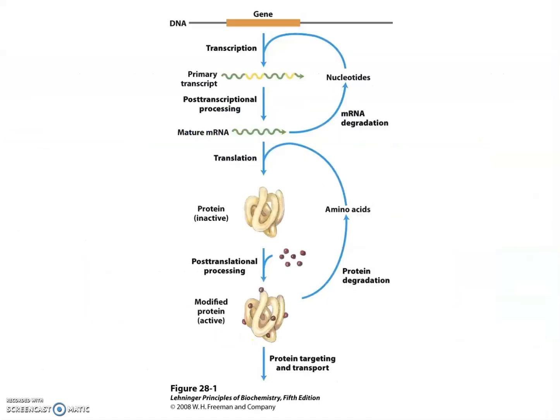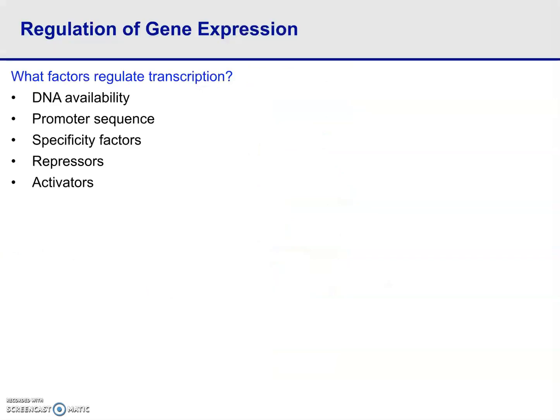Okay, to move on, everything that I've just demonstrated is basically described in this figure, showing the different levels of gene regulation: transcription, mRNA processing and stability, translation, post-translational processing and protein degradation, and localization, etc. All right, to move on, what factors do you think regulate transcription?